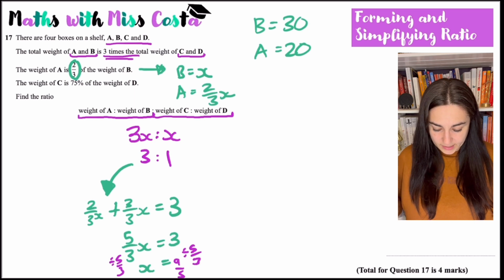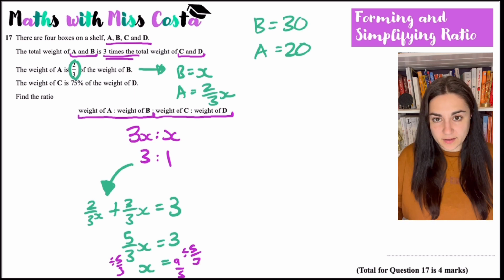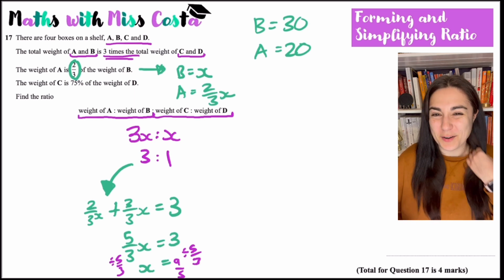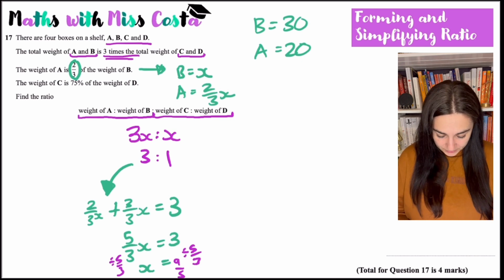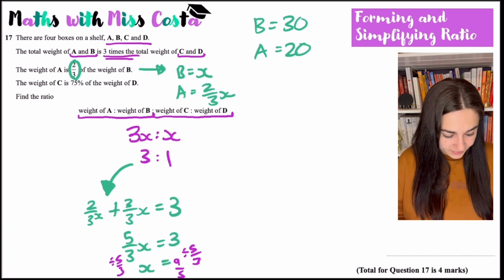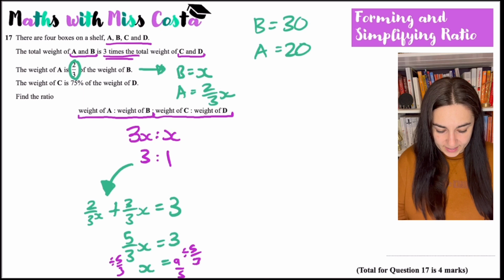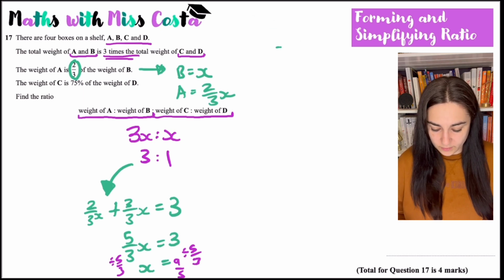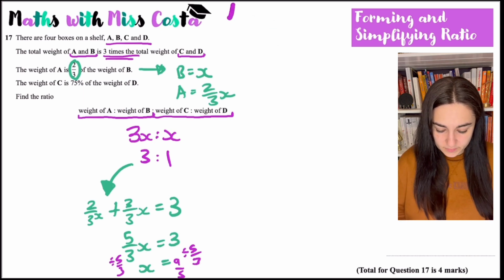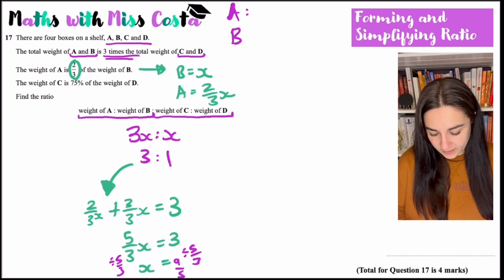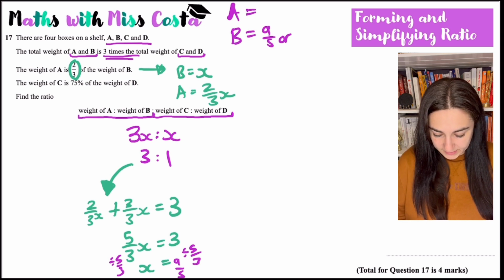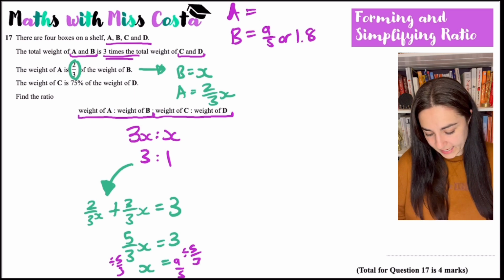Okay, so I'm trying to think, I'll leave it in fraction form. I know that if X is 9/5, then I'll write it in all forms actually. The value of B would be 9/5 or 1.8.